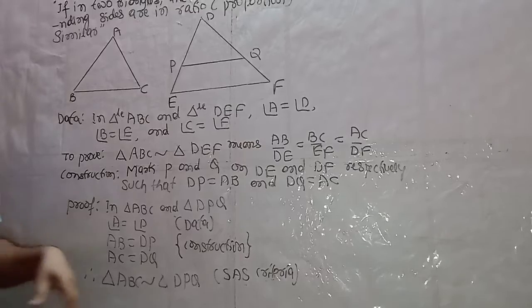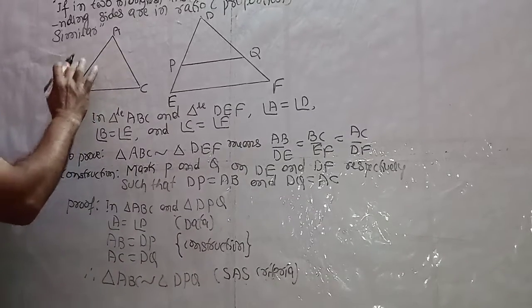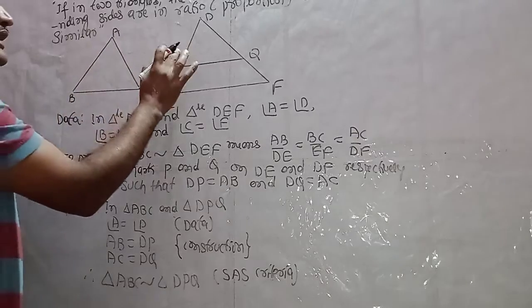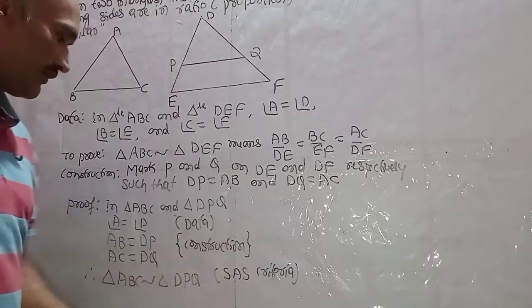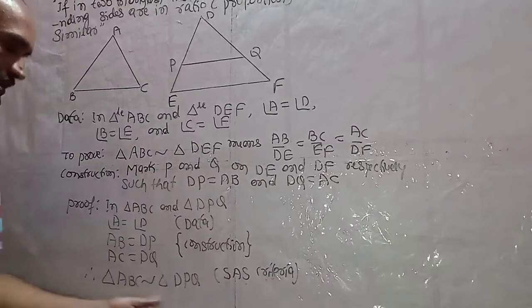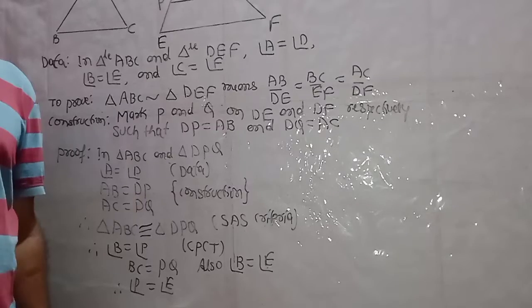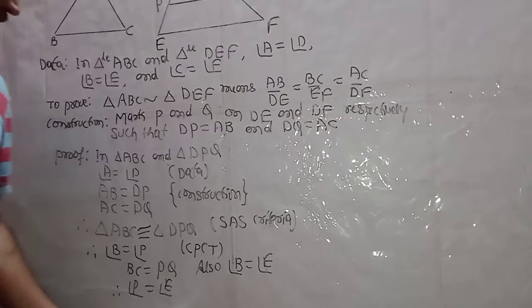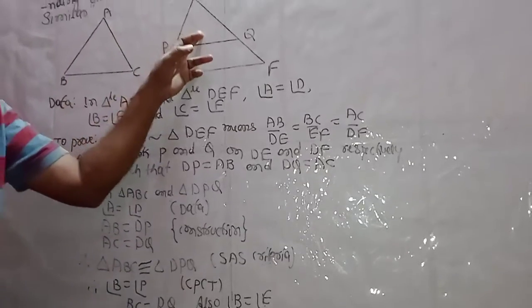So on the basis of the SAS criteria, side, angle, side, we can say these two triangles are congruent.